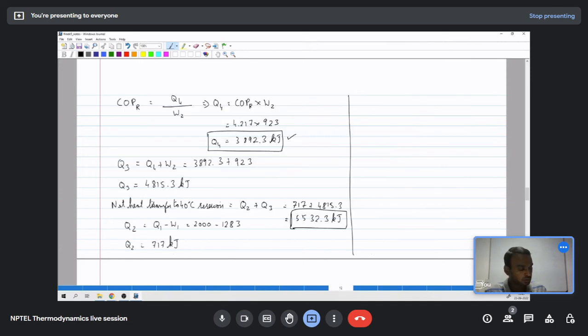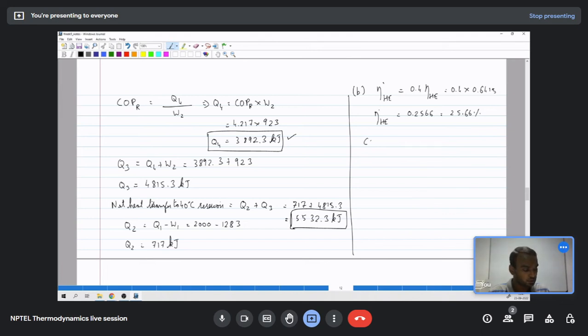For part B, the efficiency of the heat engine, eta dash, is 40% of eta HE. So 0.4 into 0.6415, which is 0.2566 or 25.66%.